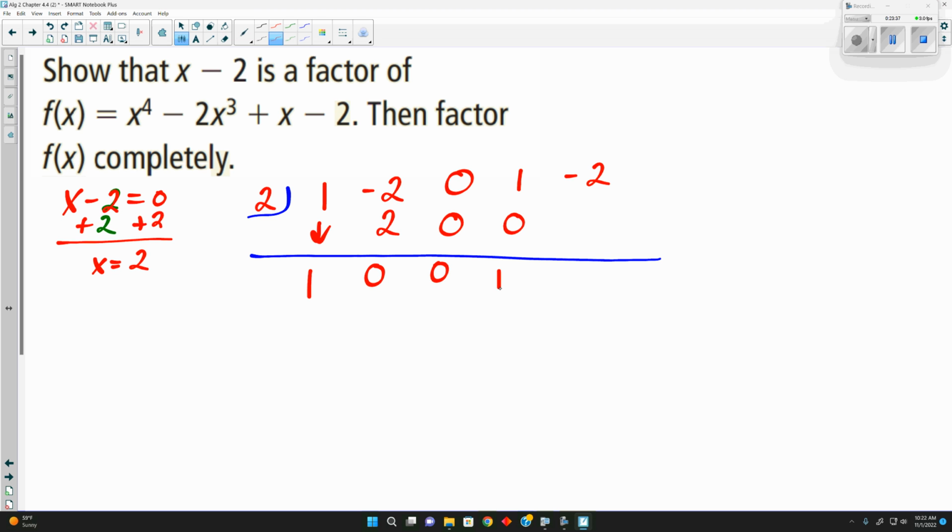And lastly, 2 times 1 is 2. And negative 2 plus 2 is 0. Now, if we plug the variables back in, this would be our remainder. The one next to it is our term without a variable. We would have x, x squared, and x cubed, giving us x cubed plus 1.